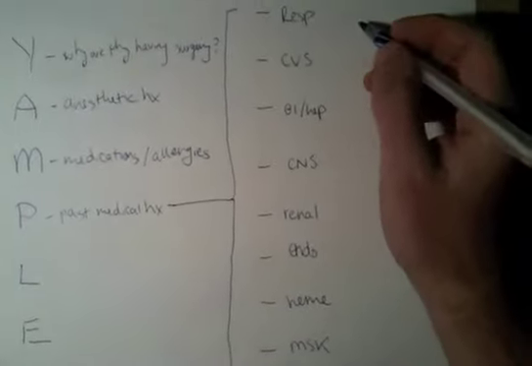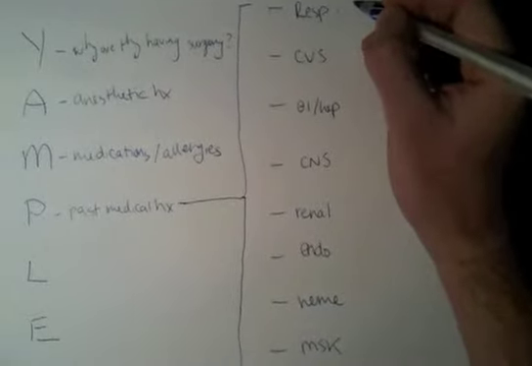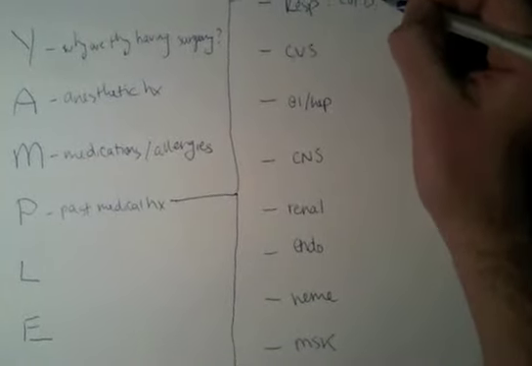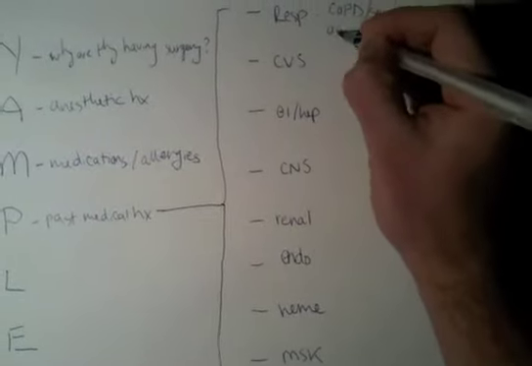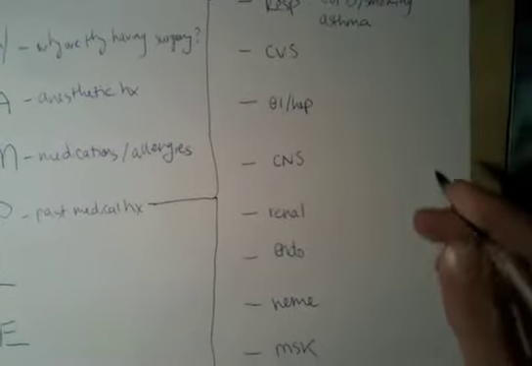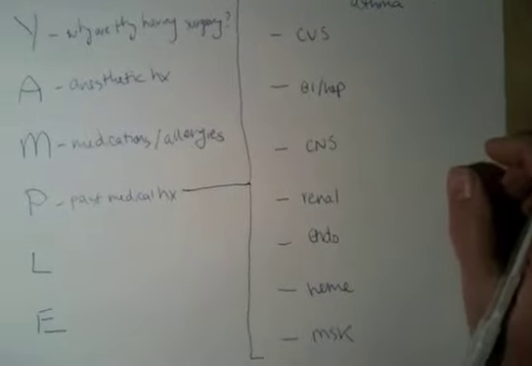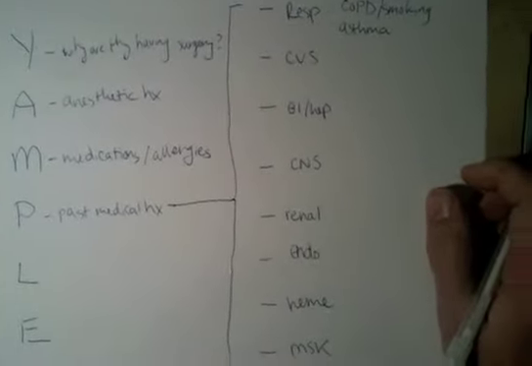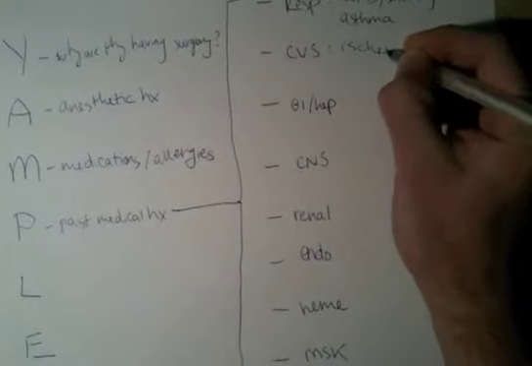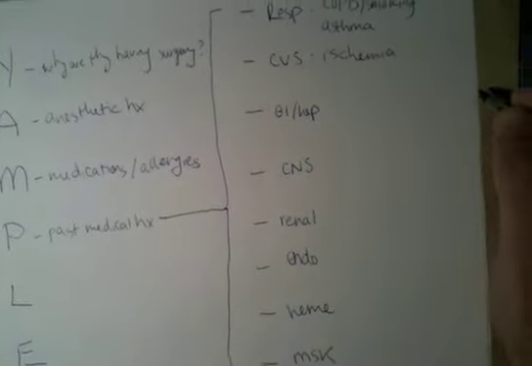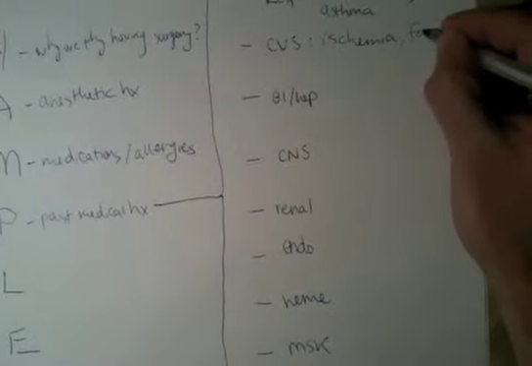So I usually like to start with the respiratory system, and you want to make sure you know about a history of COPD or smoking, or a history of asthma. A way to get at that is, do they ever have to use puffers to help them breathe? Cardiovascular system, obviously you want to know about ischemia or any ischemic symptoms or failure symptoms.